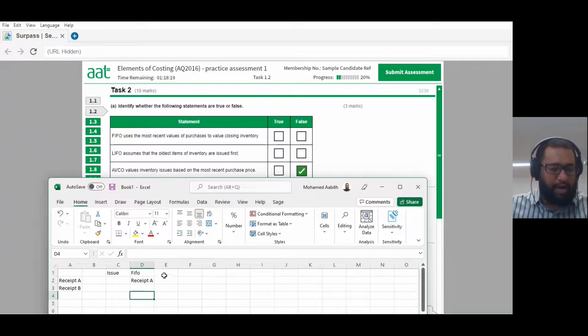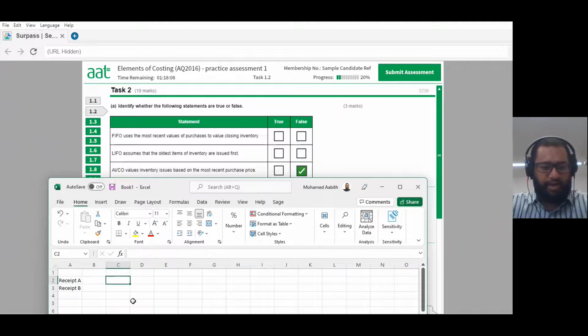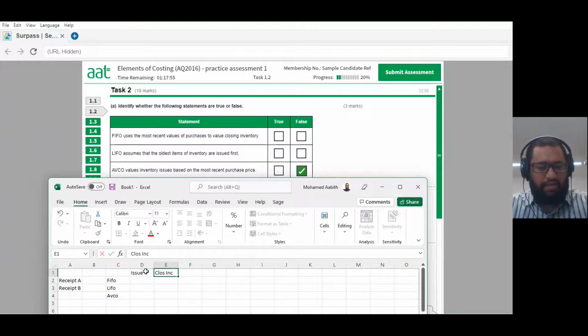It's a lot better if I do it this way. It's easier. So if I do FIFO, the issue will be shown along with the closing inventory.